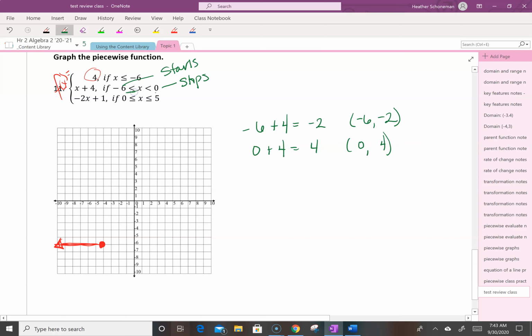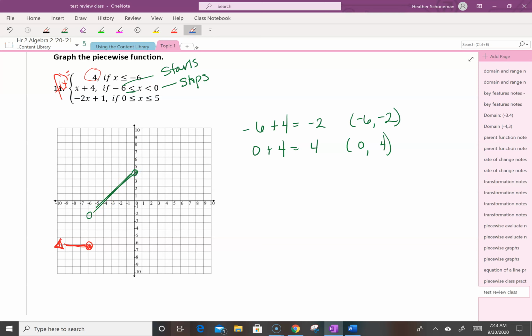Because this is a less than, I'm going to have an open circle at -6, -2. Oh, I graphed this one wrong. I put it at the wrong spot. This one was supposed to start at -6, I'm sorry. Okay, and then this point, 0, 4, is an open circle. Connect the dots.